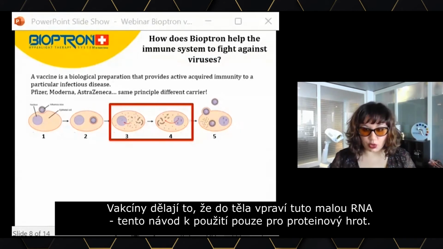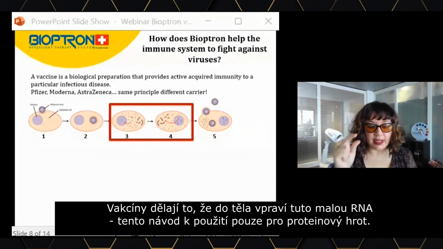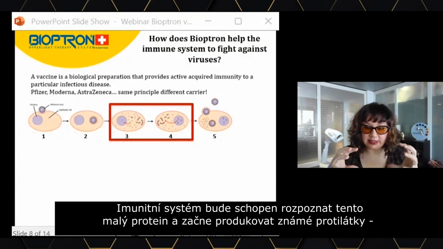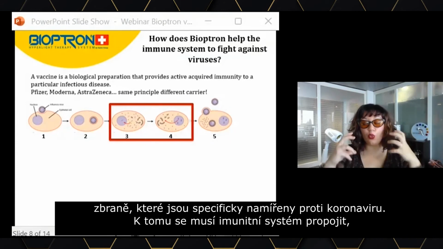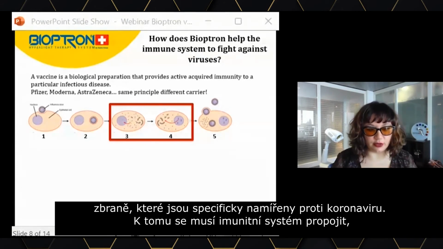So what vaccines do is to insert this little RNA, these instructions for use only for the spike protein. In that way, the immune system will be able to recognize this little protein, and they will start to produce these famous antibodies, these weapons that are specifically against the coronavirus.